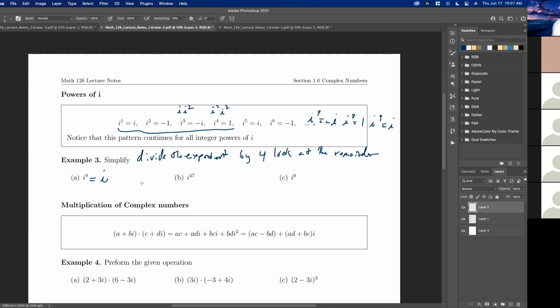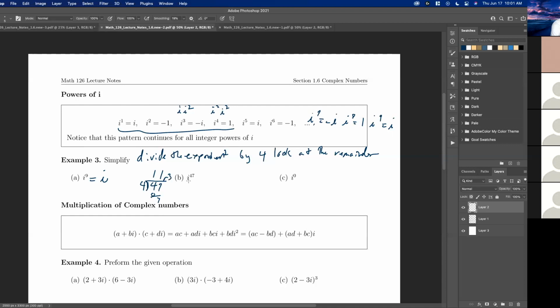I'm going to take 4 and do good old long division. 47: this goes in once, I subtract, drop down the 7. This goes in one more time, and then I'll have a remainder of 3.